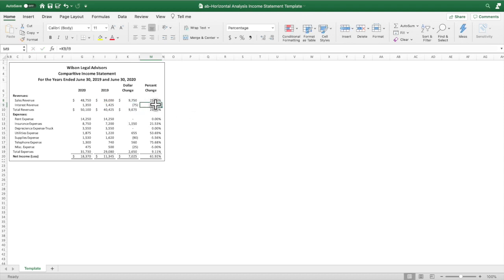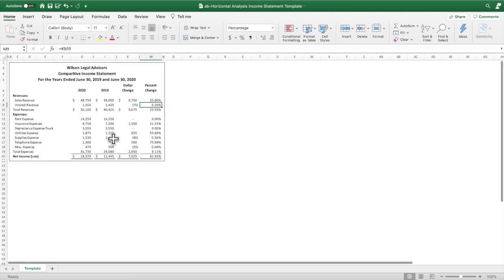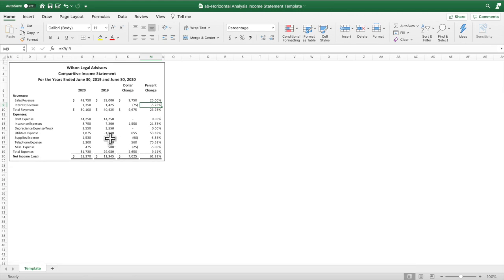And that's how you get your percent change. The dollar change is 2020, the most current year, minus the previous year's data. All right, so that is how you calculate the horizontal analysis for the income statement.